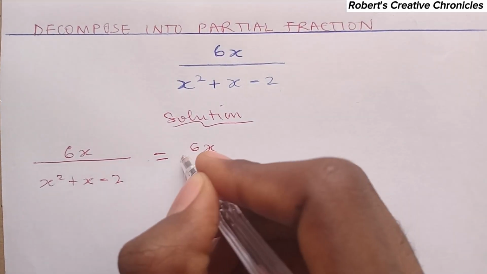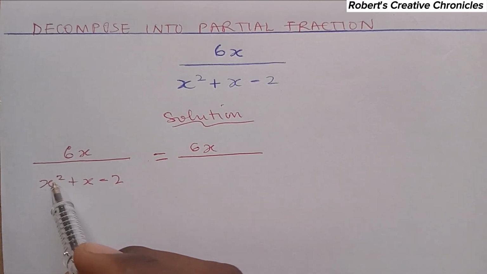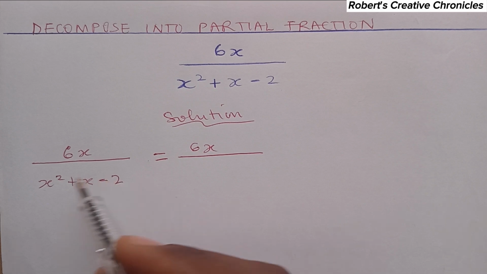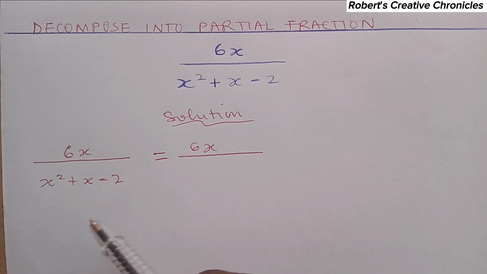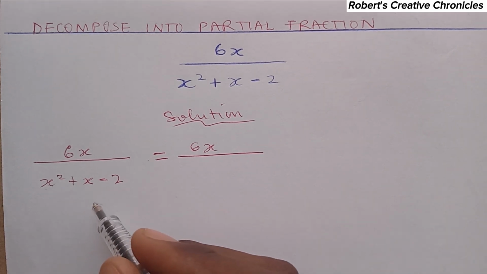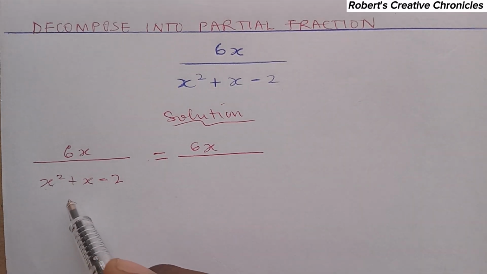Using the factorization method, the product of this and this is negative 2x squared. So we have to find two terms that will multiply to give us that, and add to give us this.